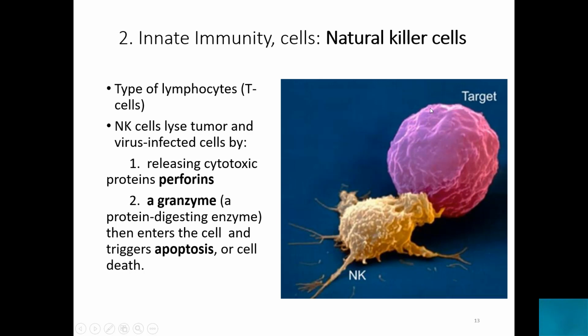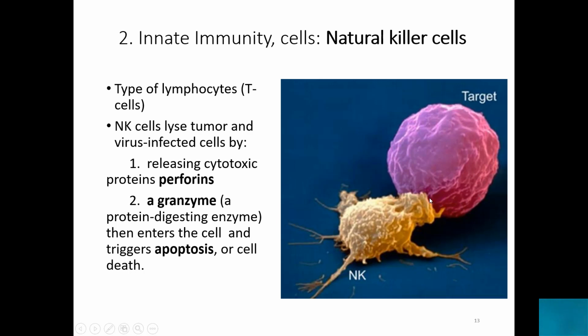They approach that cancer cell or maybe our own cells infected by viruses and start releasing cytotoxic proteins called perforins. Those perforins are toxic for that cell and they make a hole in the cell membrane.